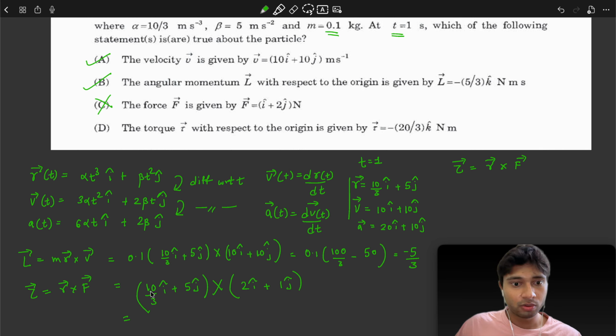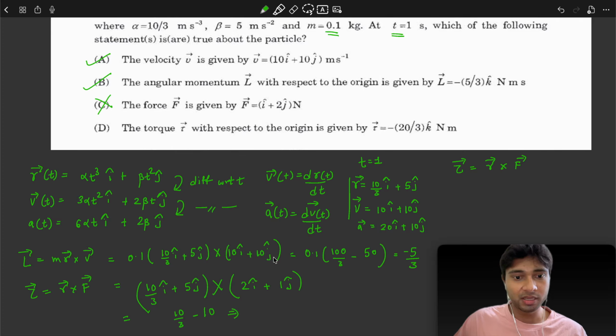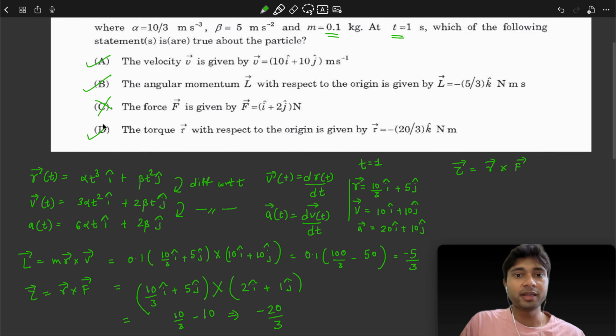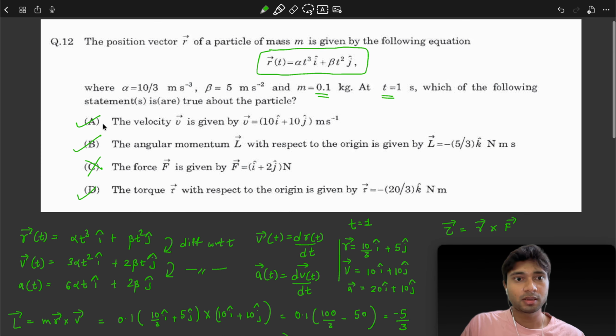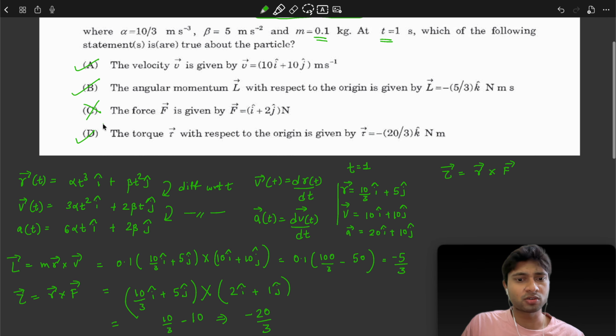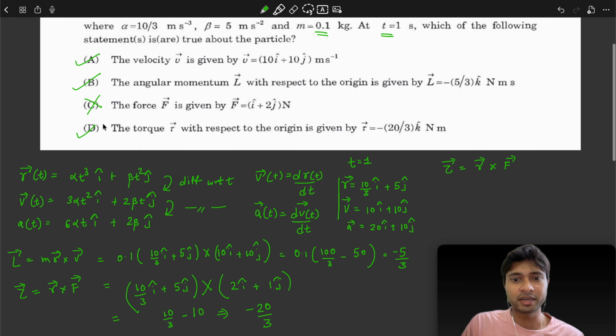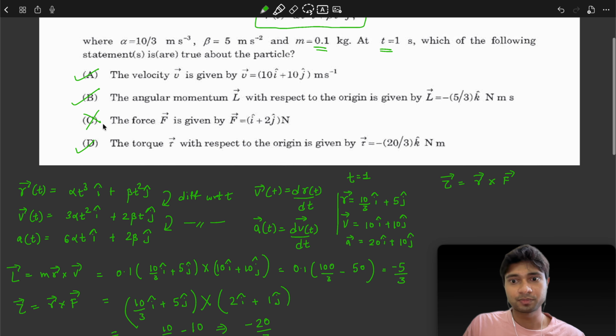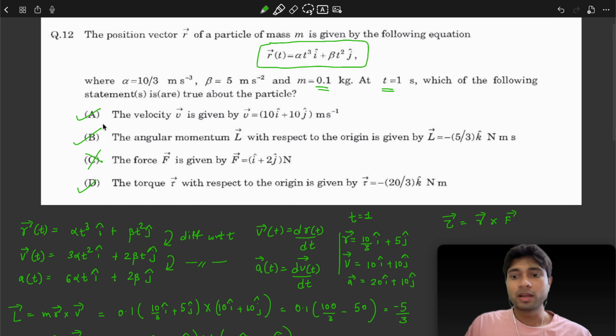Again, if you do 10 by 3 multiplied by 1, which is 10 by 3, minus 5 into 2, which is 10, this will be 10 by 3 minus 10, which is minus 20 by 3, which is the correct answer. So A, B, D is the correct answer. I hope everyone is clear with this. This was quite easy to score; we just have to differentiate and do the basic calculation. Cool guys, see you in the next video.